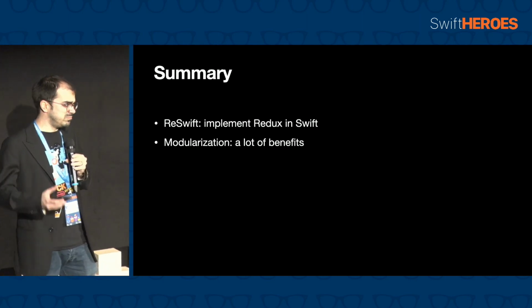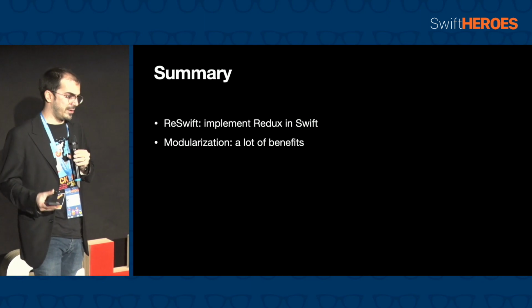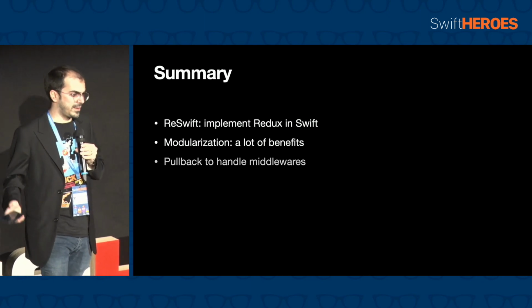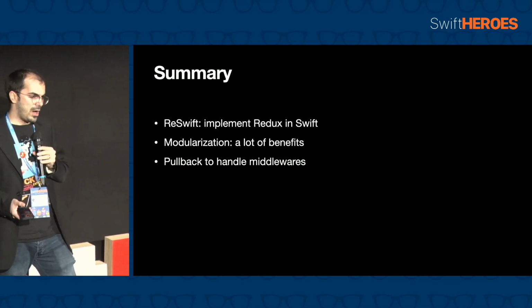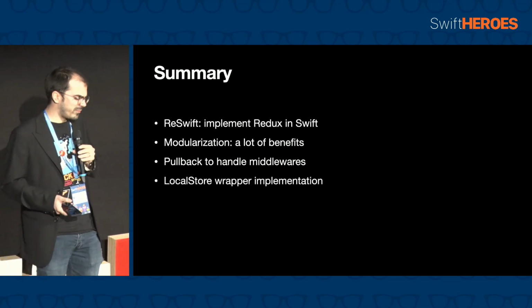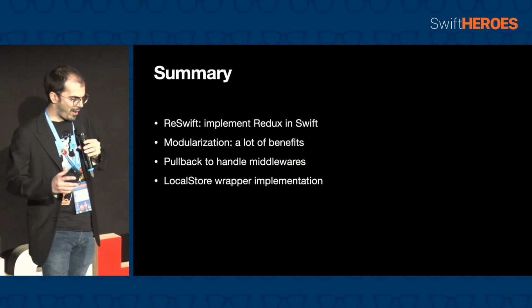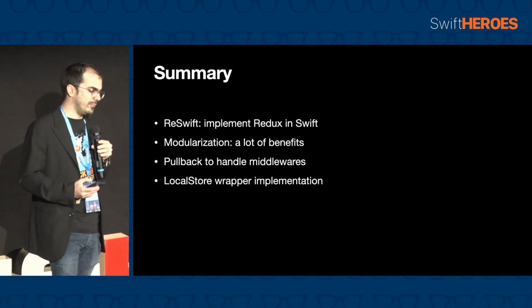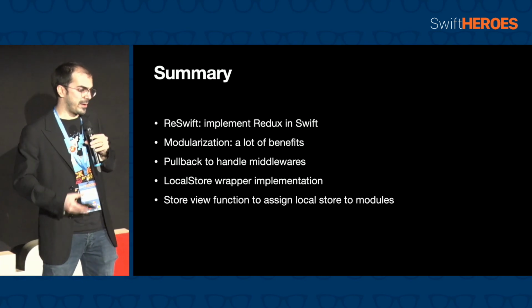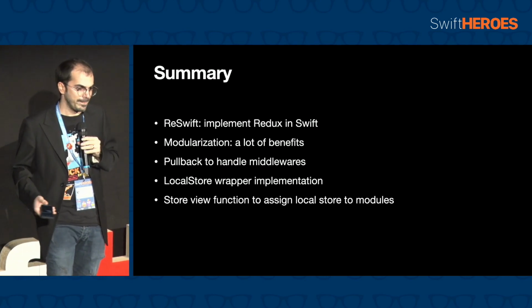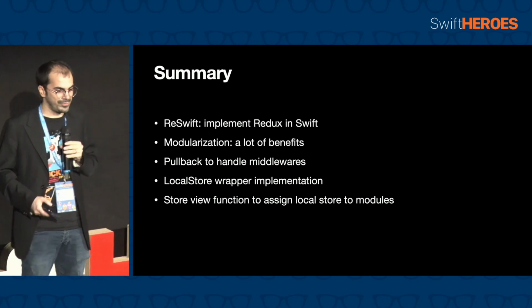And we tried to put together the two worlds by creating a pullback function to handle the middlewares, a local store wrapper in order to wrap the global store in a local point of view, and then the view function in order to assign the correct part of the store to the view, part of the local view, let me say.